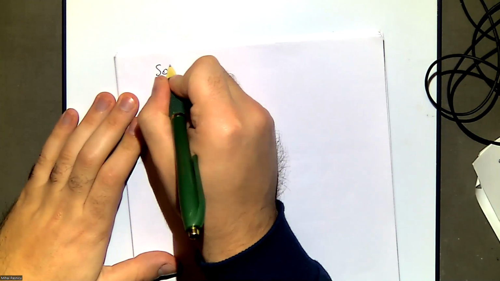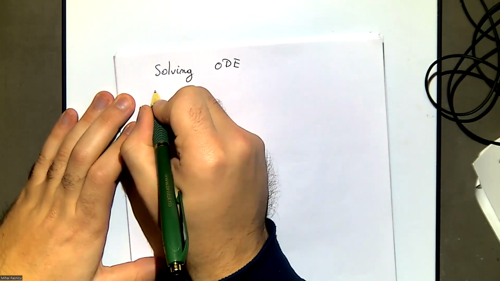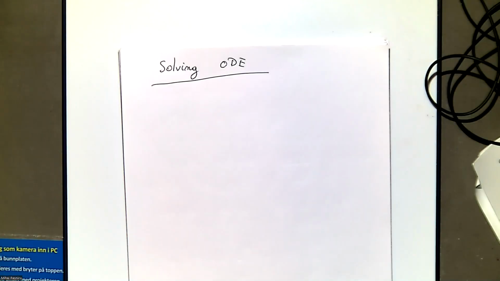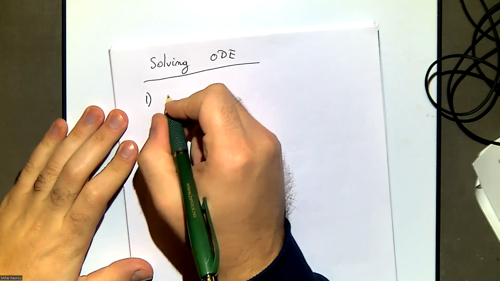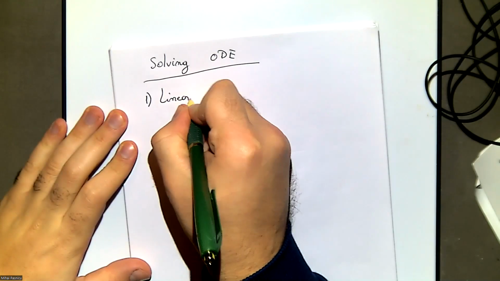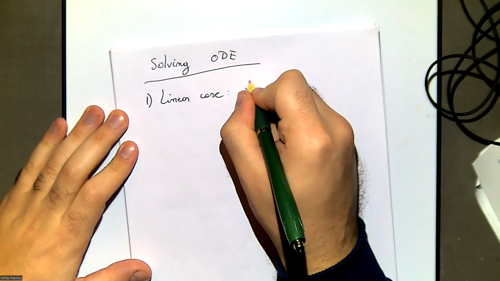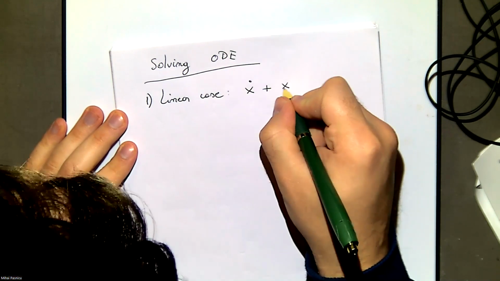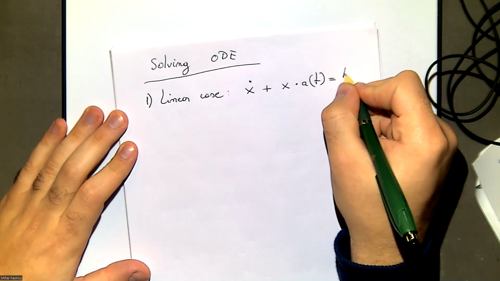So we're just going to go into solving. What does solving ODEs mean? Solving ordinary differential equations, ODEs, just so we become more efficient. There are two cases which we're going to learn in this class. The first one is the linear case, and it goes like this: x dot plus x times a of t is equal to b of t.